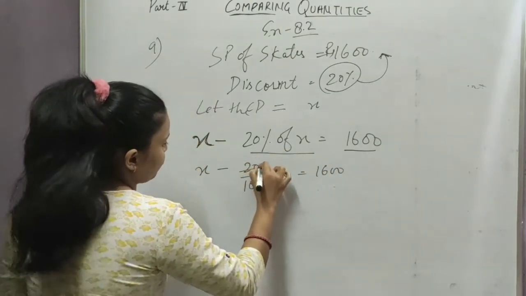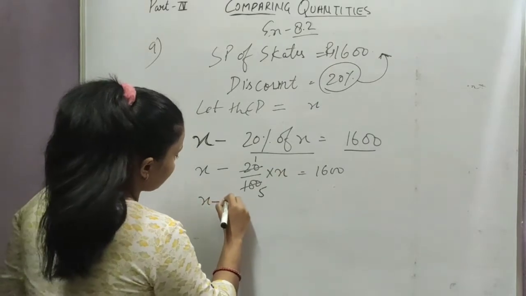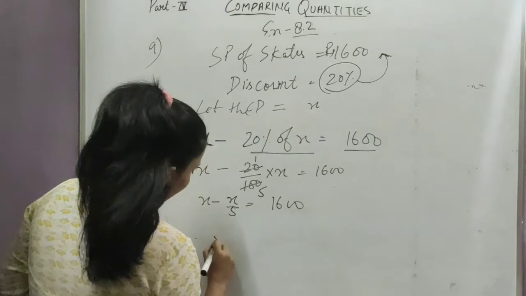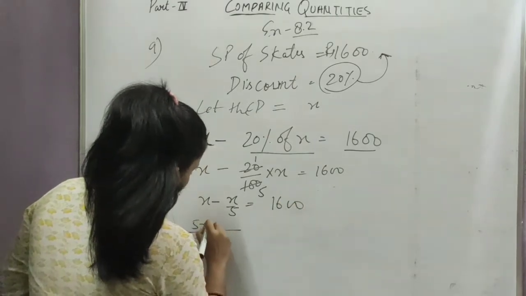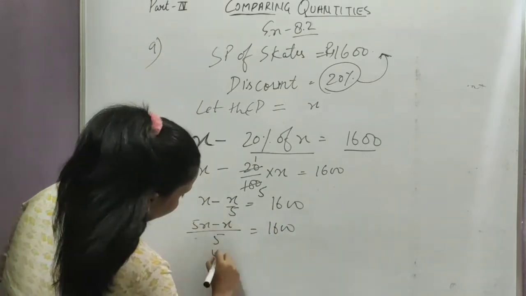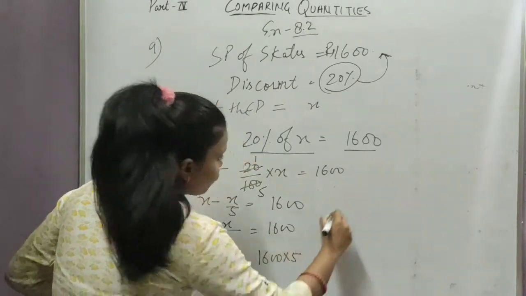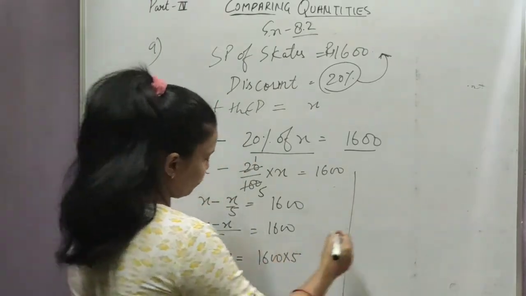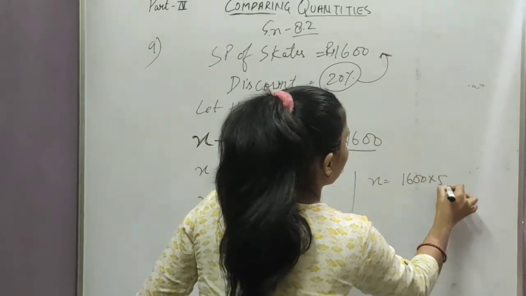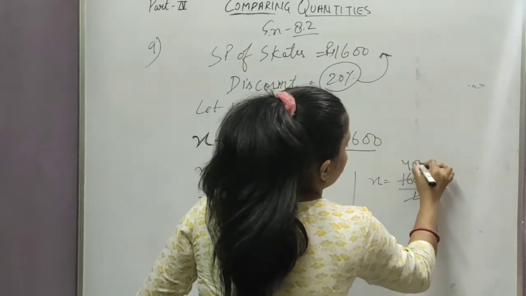Solve it. X minus X by 5 is equal to 1600, so 4X by 5 is 1600. X is equal to 1600 multiplied by 5 divided by 4. 4 ones are 4, 4 fours are 16.